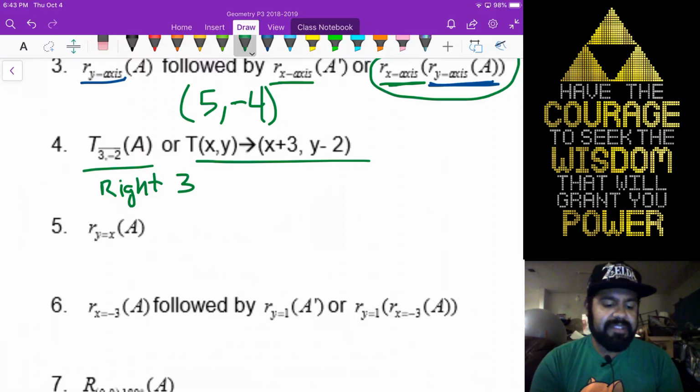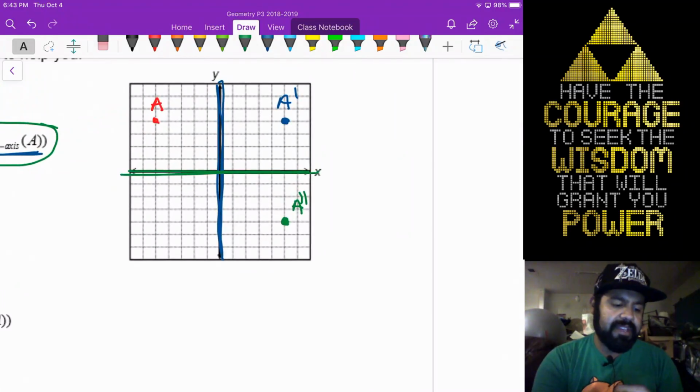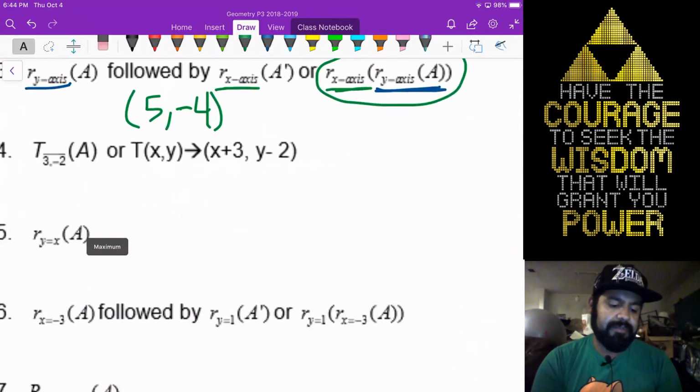The -2 means it's going down 2. So what I'm going to do, besides erase all this beautiful work, I'm going to take my point A, move it right 3 units, 1, 2, 3, and then move it down 2, 1, 2. So that point right there would be the new A prime. That's going to be -2, +2.